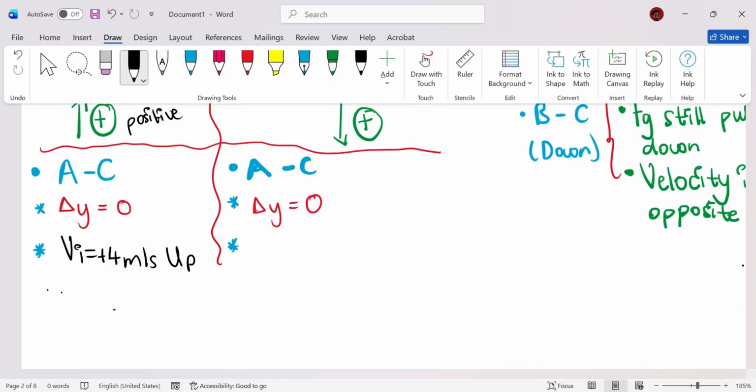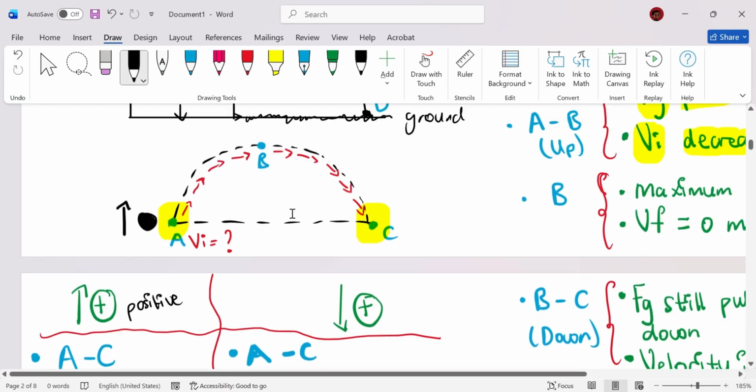When we get to point C, at point C that is going to be our final velocity. What you must know is that at point C, the final velocity is equal to the velocity of A, but with a different sign. Meaning, at point C, I'm going to have a negative 4 meters per second down, right?